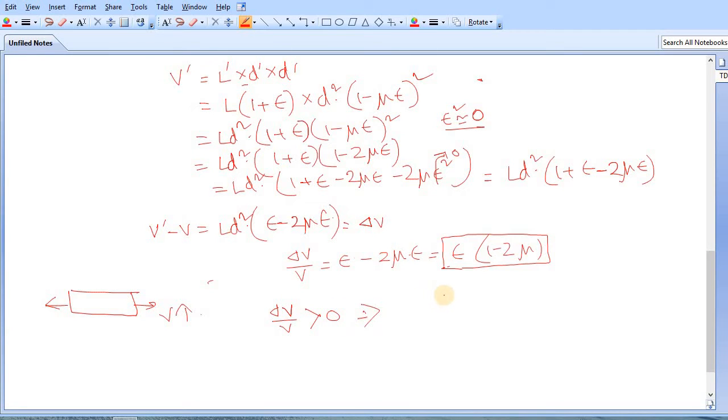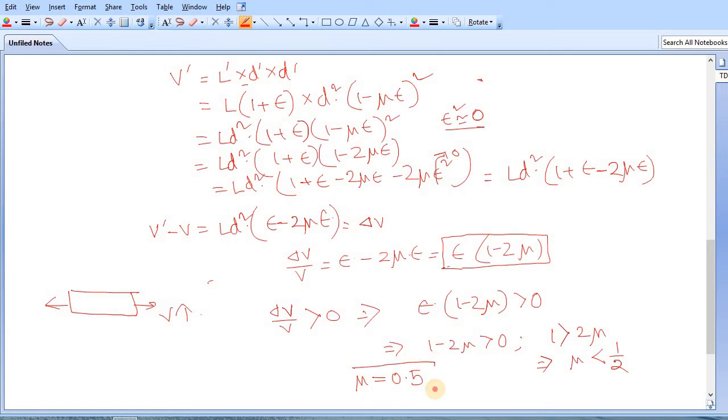From here we can say that epsilon multiplied with (1 minus 2 mu) is greater than 0 always, or 1 minus 2 mu is greater than 0, or 1 is greater than 2 mu, or mu is less than 1 by 2. So the maximum value of mu, or Poisson ratio, is 0.5. Clear?